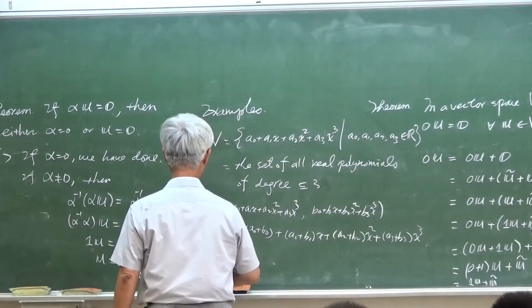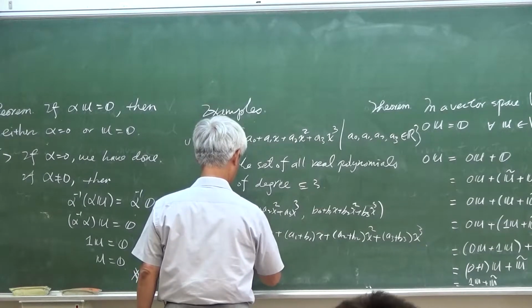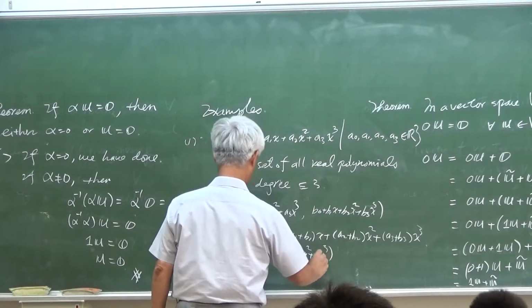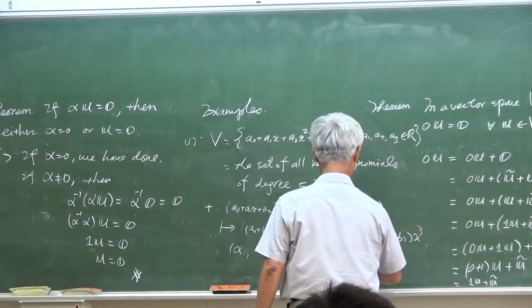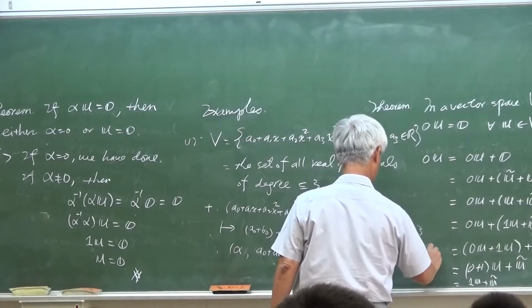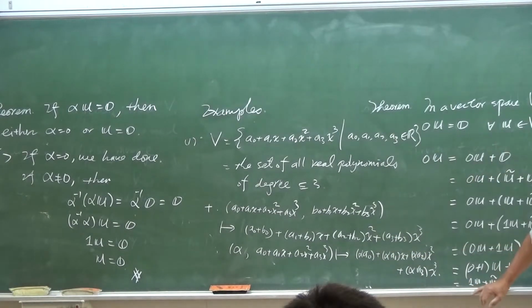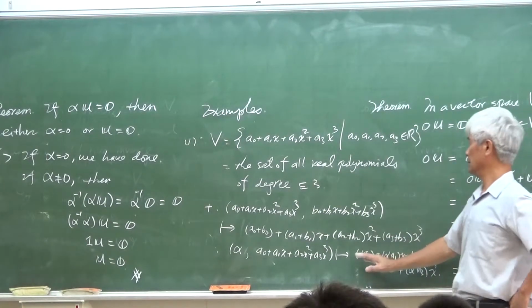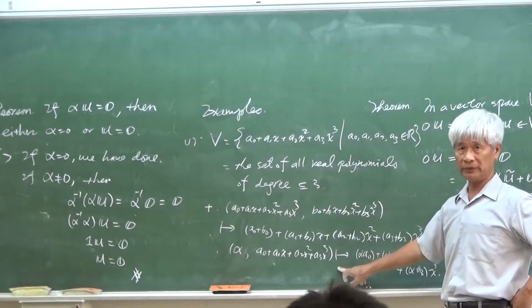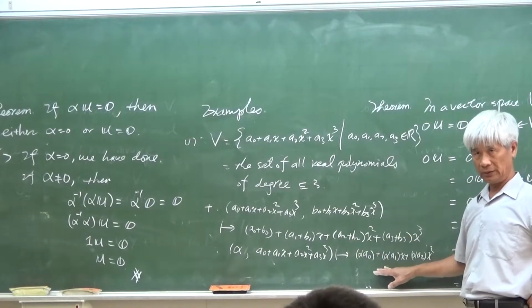How about scalar multiplication? Alpha times the polynomial goes to alpha A0, alpha A1, alpha A2, alpha A3. So when you multiply a scalar with a vector, a polynomial of degree less than or equal to 3, you end up with a polynomial of degree less than or equal to 3.